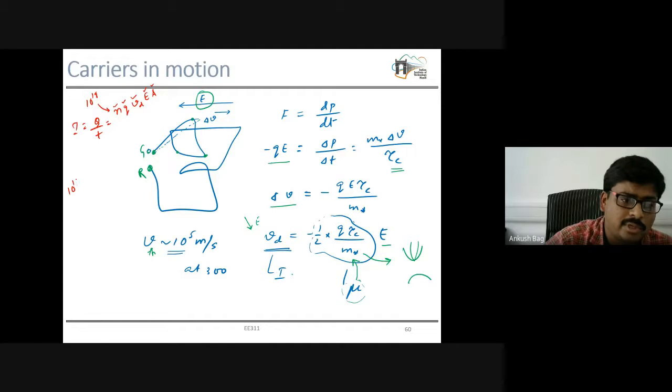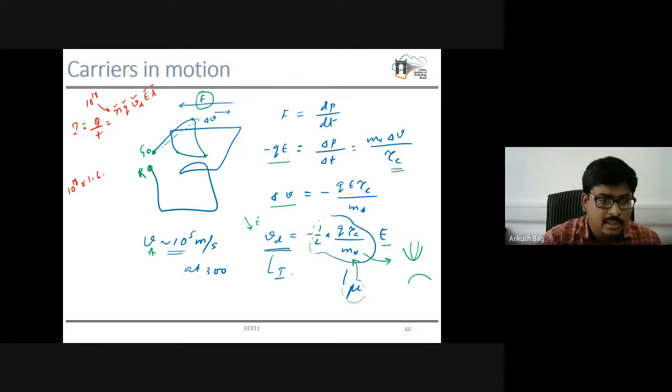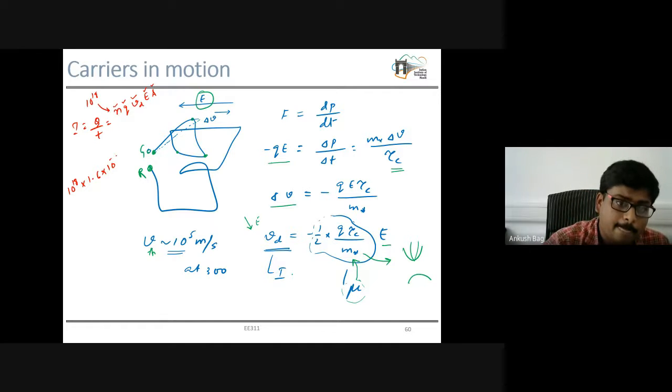So 10 to the power 18 multiplied by the electronic charge, 1.6 into 10 to the power minus 19, and then keep this Vd. So now if we write E, you can take one, or these are one, you can take 1 unit area, like 1 centimeter square or something.